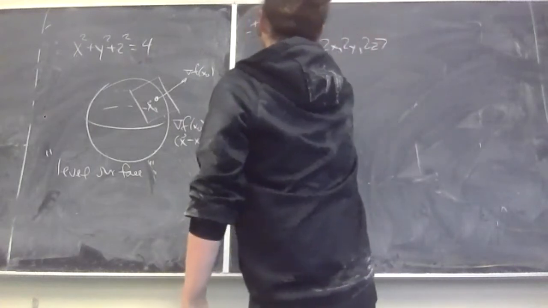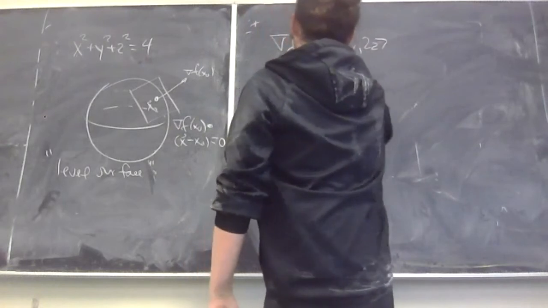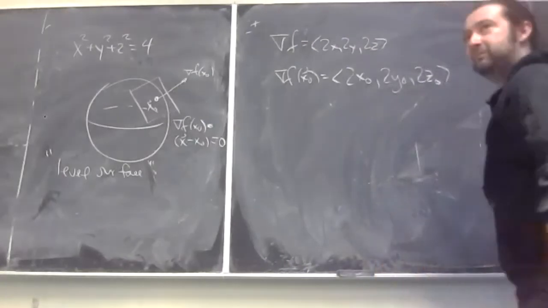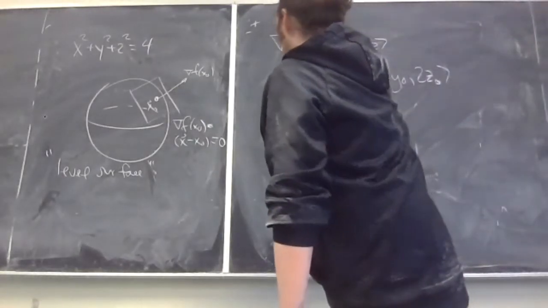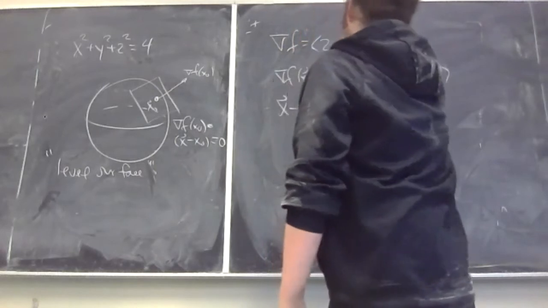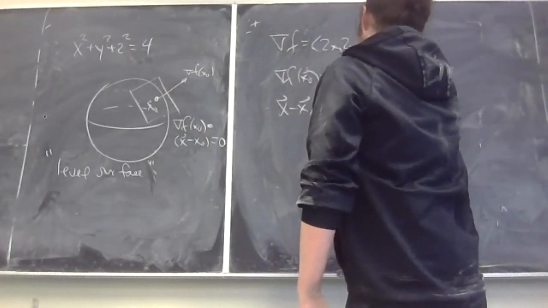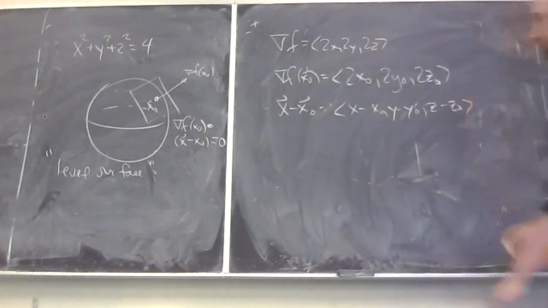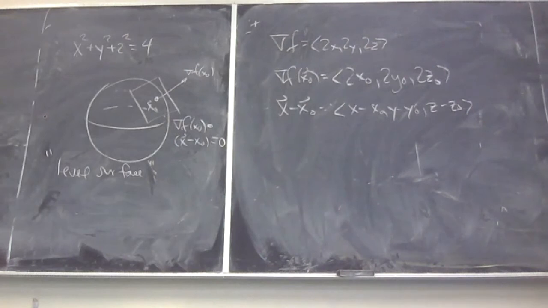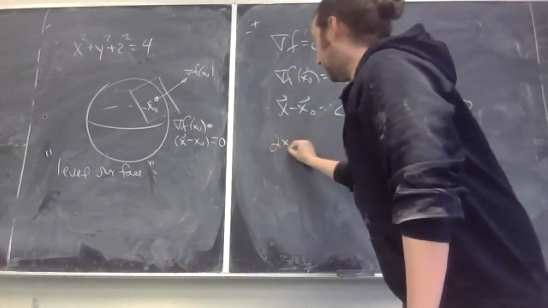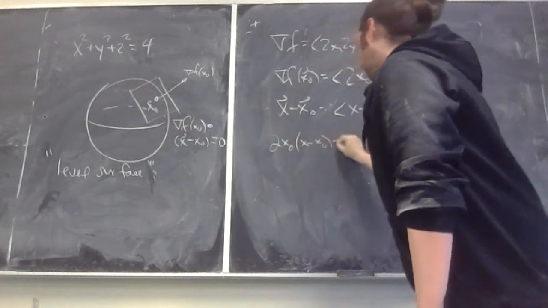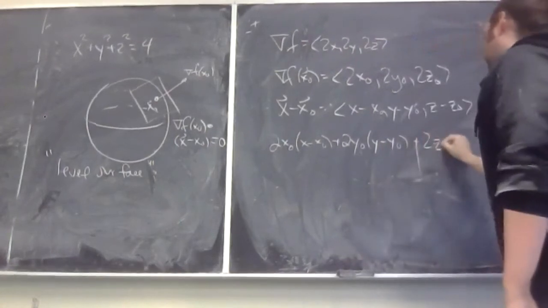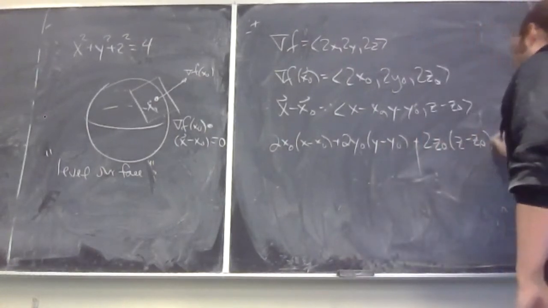The gradient of f at x naught is equal to 2x naught, 2y naught, 2z naught. x minus x naught I can think of as being the vector x minus x naught, y minus y naught, z minus z naught. And if I want the tangent plane, I just dot those: 2x naught times (x minus x naught), plus 2y naught times (y minus y naught), plus 2z naught times (z minus z naught) is equal to 0.